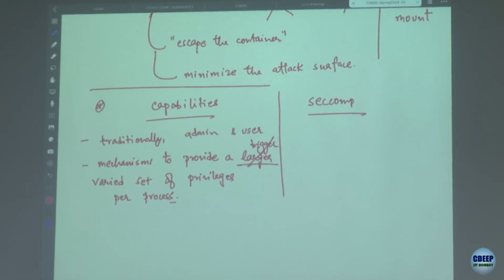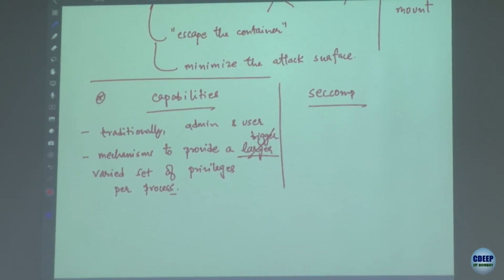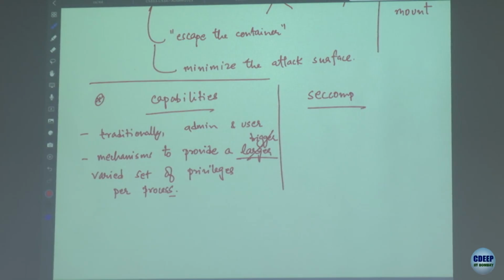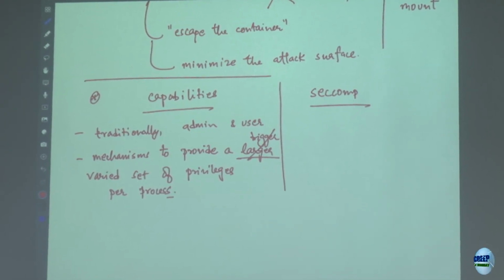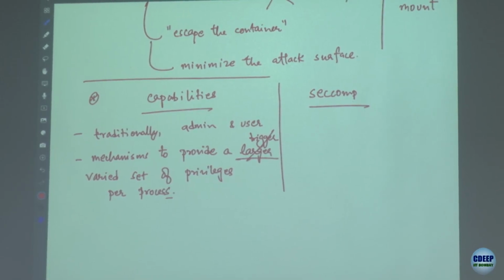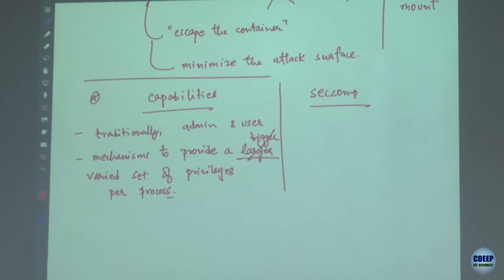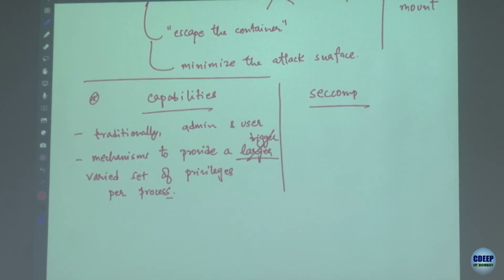So for example, whether this particular process can open a socket or not, whether this process has enough privileges to reset the networking properties associated with this machine. So for example, can you reconfigure the IP address or not. So there is a long list of capabilities.